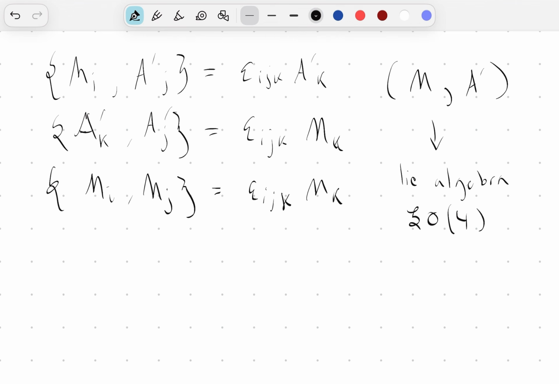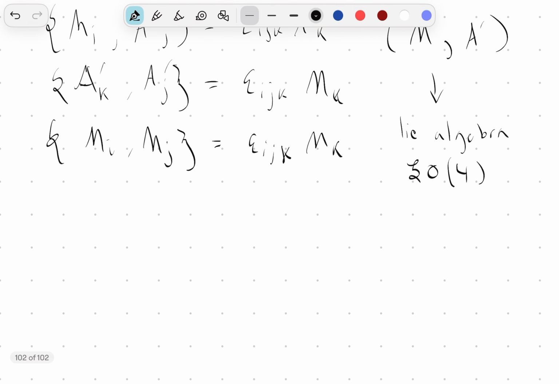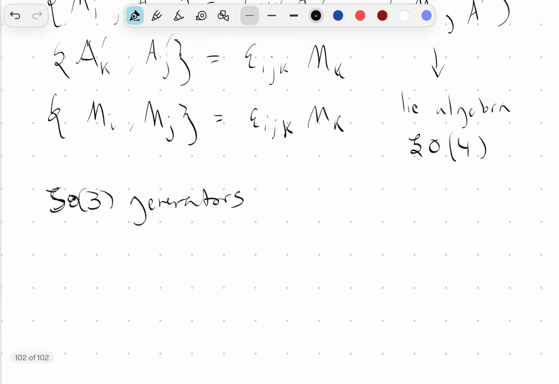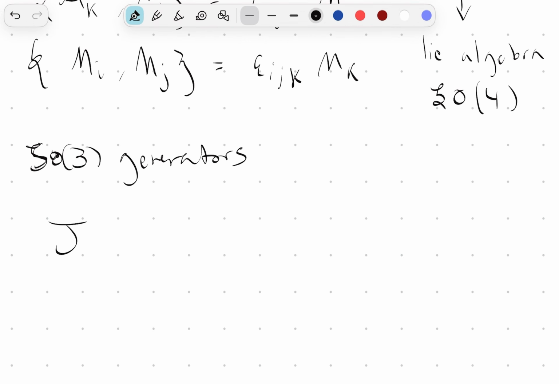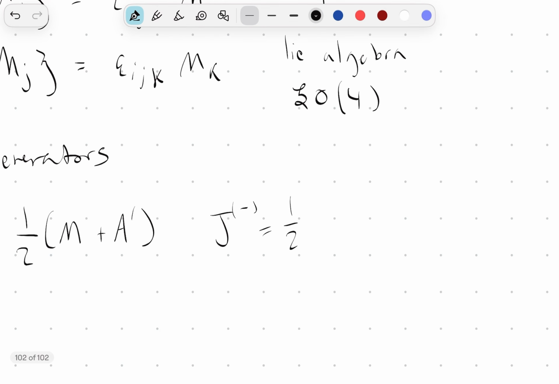If you really want to see the structure clearly, what we can do is define two independent SO3 generators, and let's make sure that we write them in cursive because they're Lie algebra generators. We'll define the raising operator and then the lowering operator here.